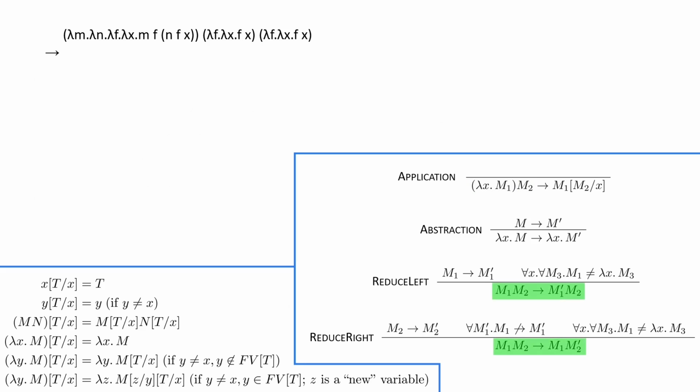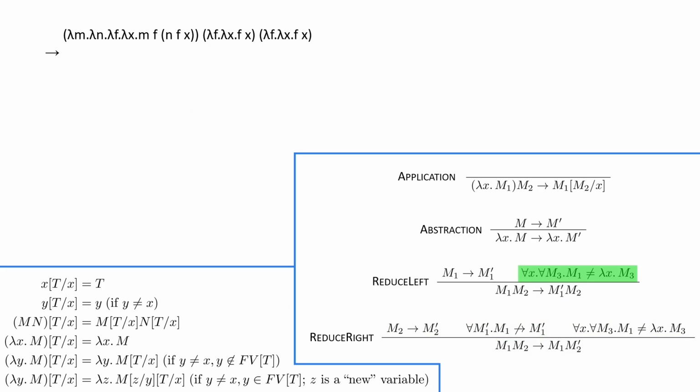The reduce left and reduce right conclusions could both match, since they both match any application of any rator to any rand. But now we need to see if the premises apply as well. The reduce left rule has two premises. Let's focus on the second premise first.